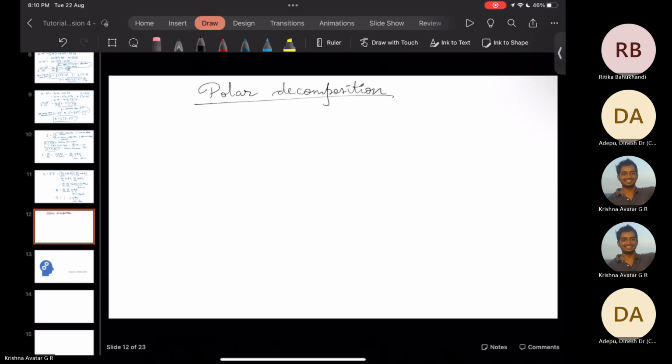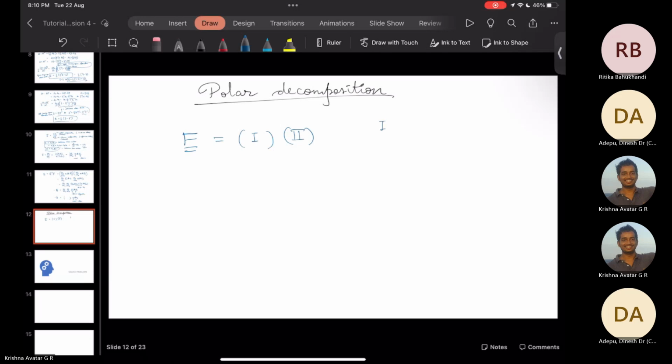So what we are defining here is something known as a polar decomposition. What polar decomposition essentially does is take the deformation gradient and break it into two parts, part number 1 and part number 2. I'm writing a generic expression here.